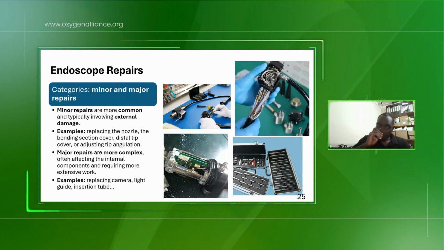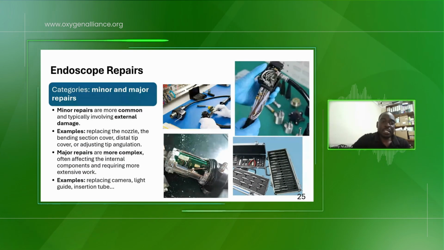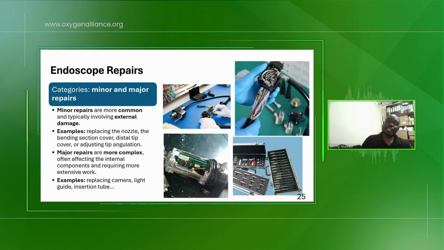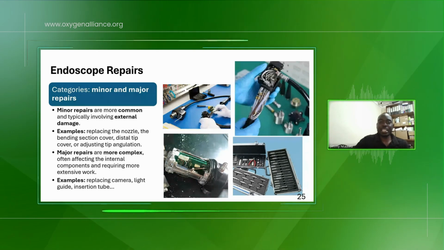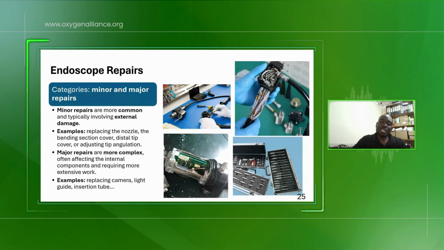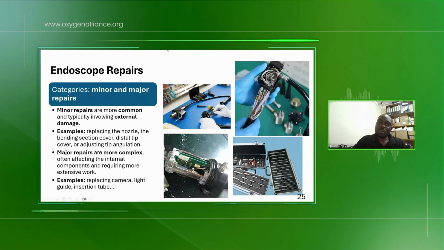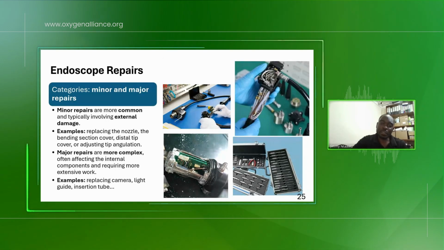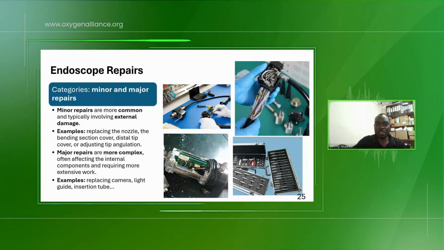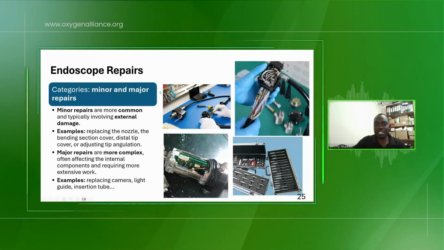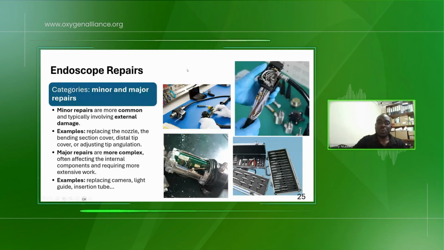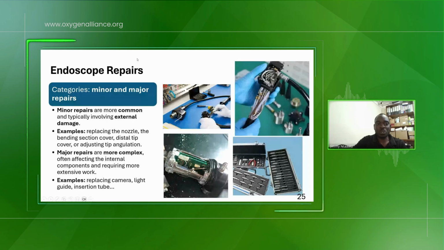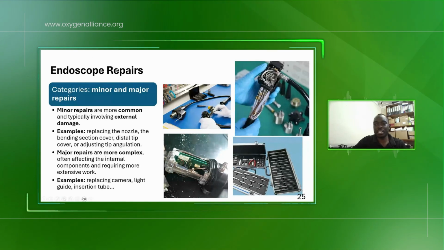So I've been speaking about repairs, and the thing with repairs is that they're expensive, and even the endoscopy workshop is expensive to set up. So there are very few endoscopy workshops across the different countries. What most people do is ship back to the manufacturer.